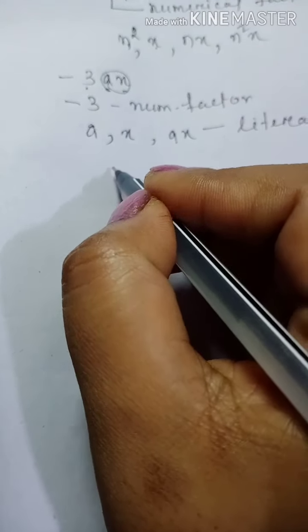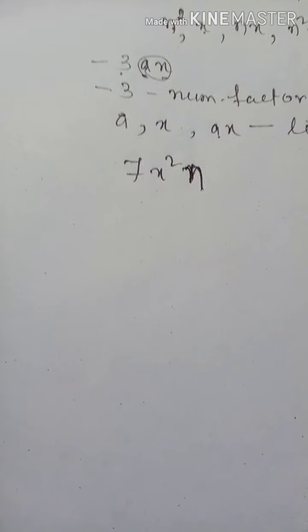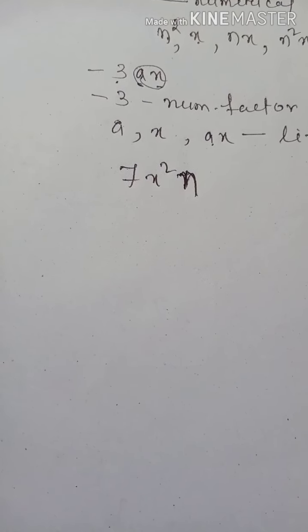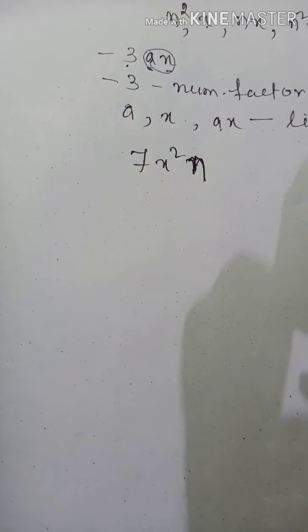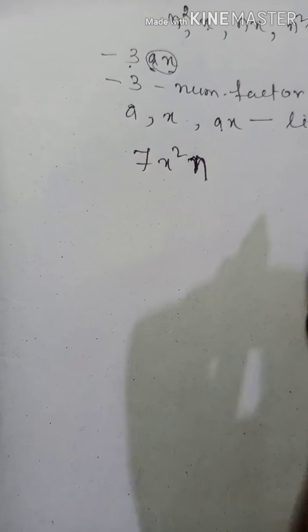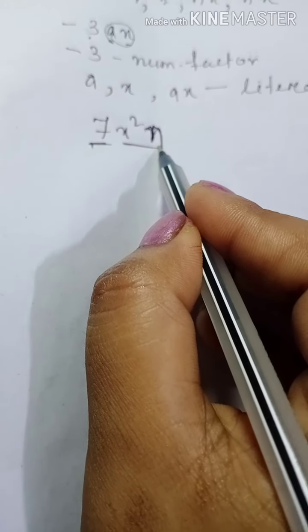In this, the literal factors are generally known as the literal coefficients, and the numerical factors are known as numerical coefficients. Clear? That means what? In this example, the number which is present, 7, is the numerical coefficient. Literal coefficients means which are? These are all the literal coefficients.